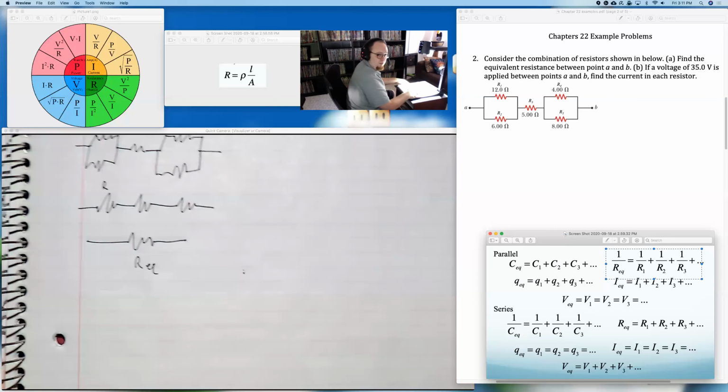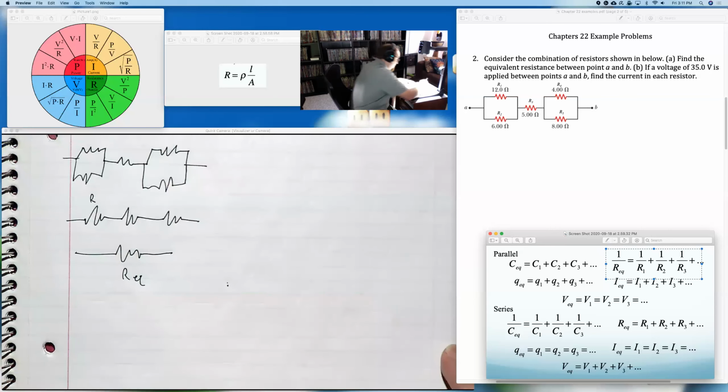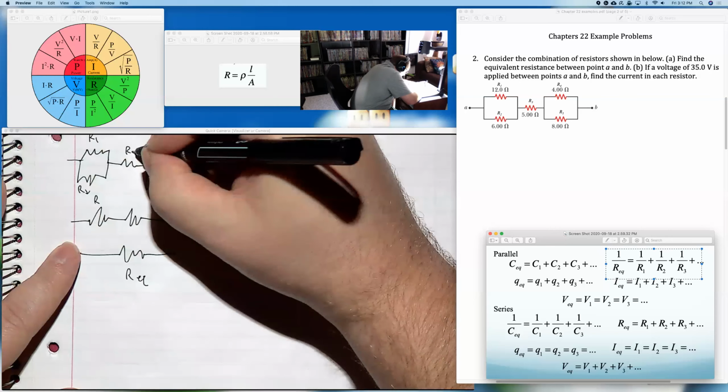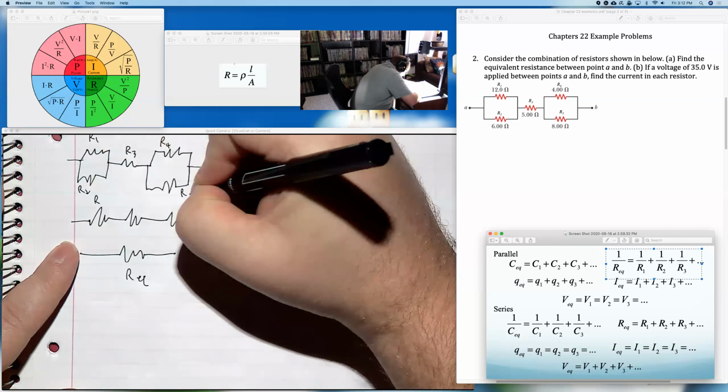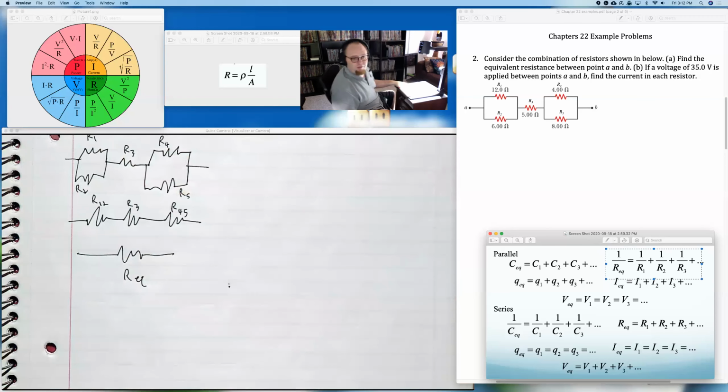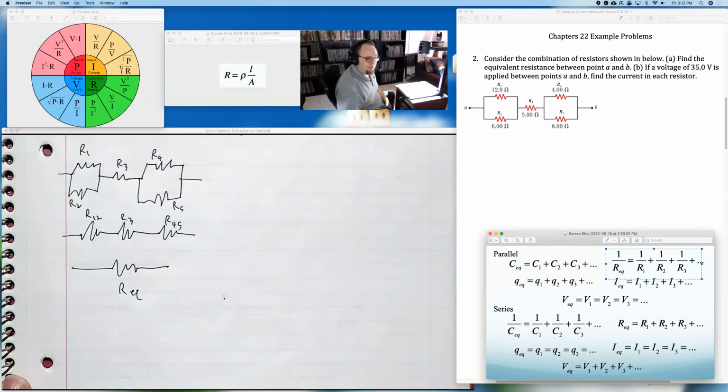And I'll put this visible. R1, R2, R3, R4, R5, R12, R3, R45. Only the neatest work for me. You can see why I normally type everything I give you.